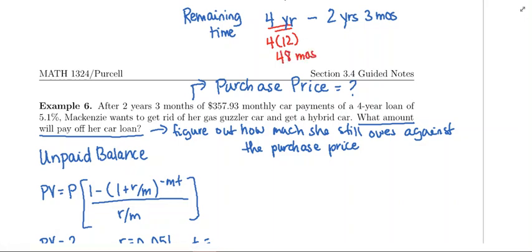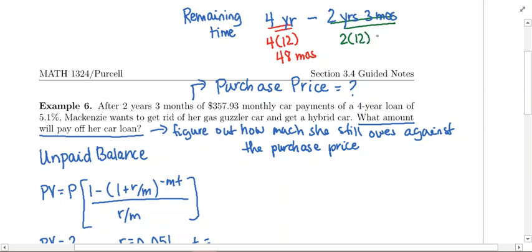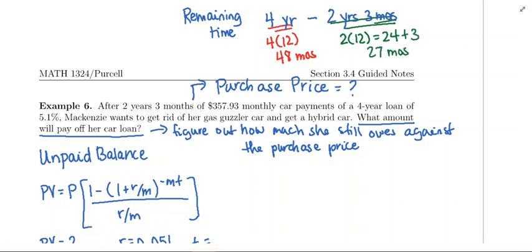If I'm looking at 2 years and 3 months, let's do the 2 years first. 2 years would be 2 times 12, that's 24. Then we want to add the 3 months, so that would be 27 months. We have to subtract these two things out.